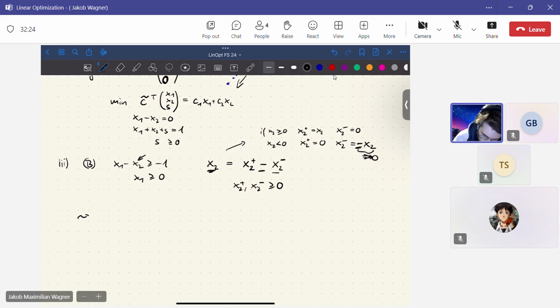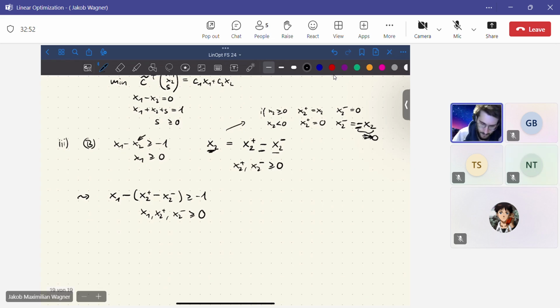So we get this new condition, which is x1 minus, and then we replace x2 by the difference of the positive and the negative parts. Now we have that x1, x2 plus, and x2 minus are all greater or equal than 0. So we see that we can write variables that have no sign constraints as a difference of two variables that have sign constraints.